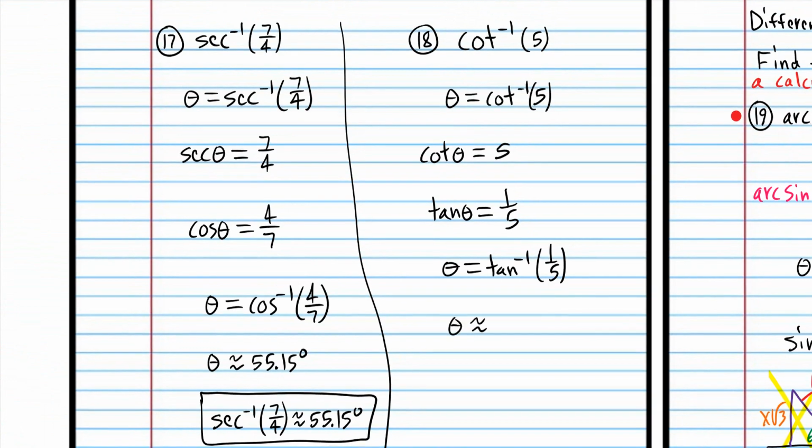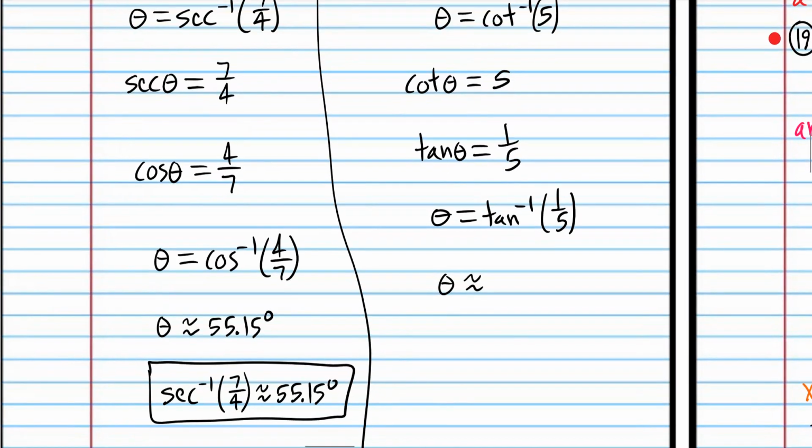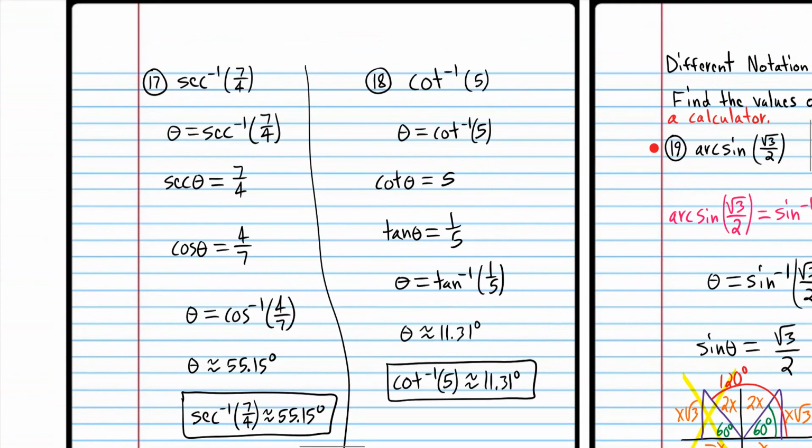So let's enter that into our calculators. And we get 11.31 degrees. So cotangent inverse of 5 is approximately equal to 11.31 degrees. So there you go. If you got that right, perfect.